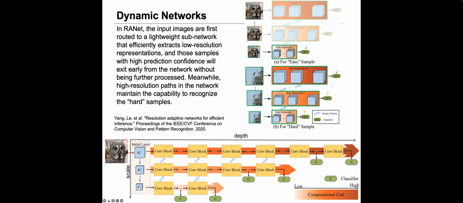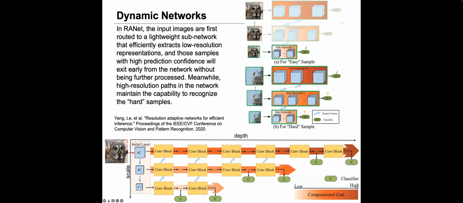But for some of the harder examples, for example this owl here, this image is taken from a long distance, so the owl occupies just a small region. If you look at the original resolution, the owl is a very tiny region in this image. If you reduce the resolution further, then this salient region becomes even smaller, and the network may not be able to correctly predict this is an owl because of the limited information.